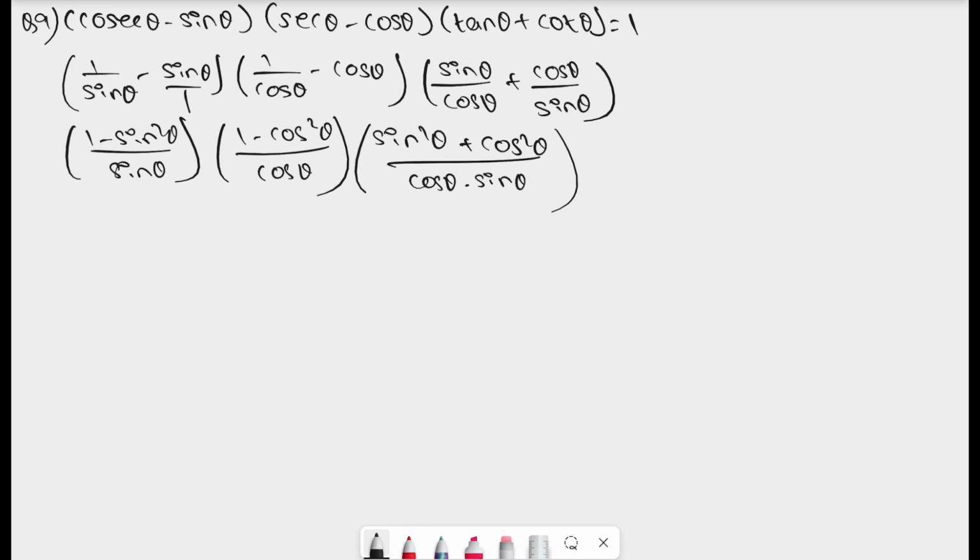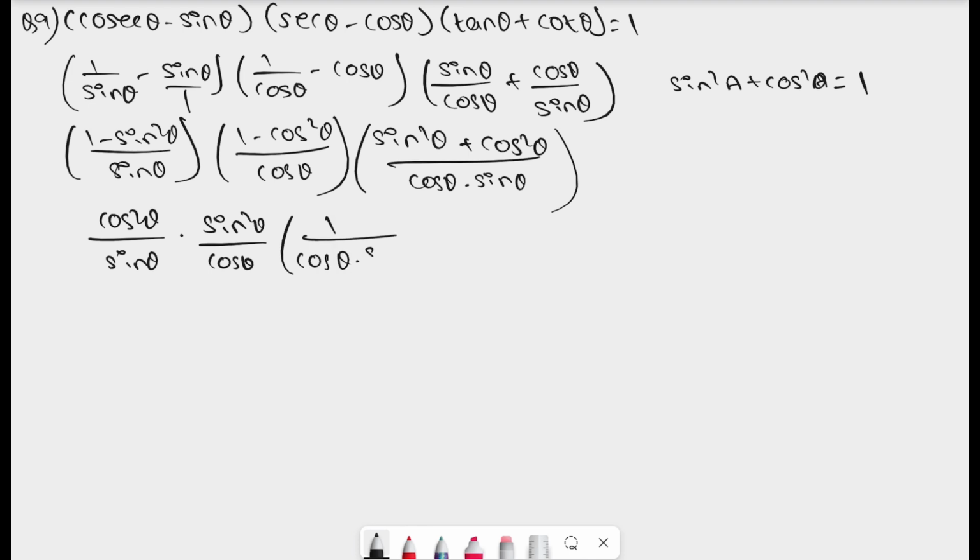And again just multiply these terms or simplify this. Here we have 1 minus sin square theta from our identities, only one identity. Here we'll be having, as of now, sin square theta plus cos square theta is equal to 1. So 1 minus sin square can be written as cos square by sin theta, which remains the same, and 1 minus cos square can be written as sin square theta, and cos theta remains the same here, and here sin square theta plus cos square theta is equal to 1 by cos theta into sin theta, and for this square and one cos gets cancelled, square and one sin gets cancelled.